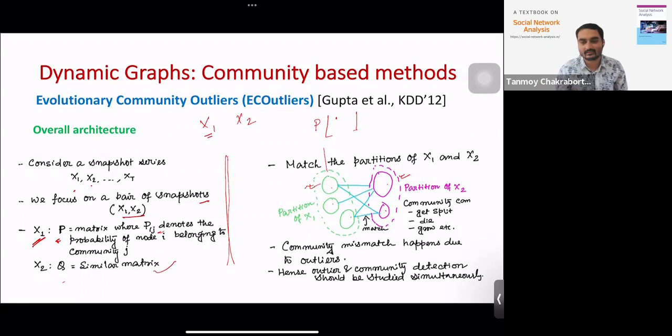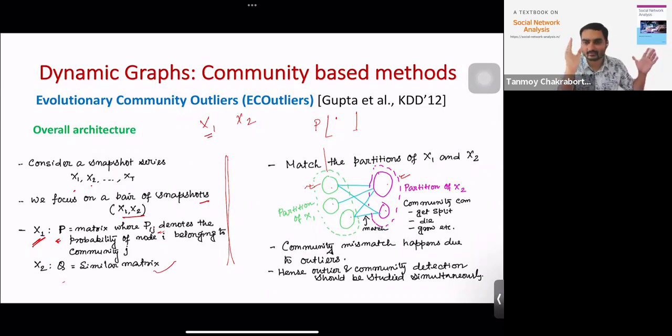Now you may ask how do you measure the belongingness of a node to a community? We'll discuss all these things. So what are the possibilities? If you look at the evolution of a community, a community can be created because of the split of a previous community, or because of the growth of a previous community.